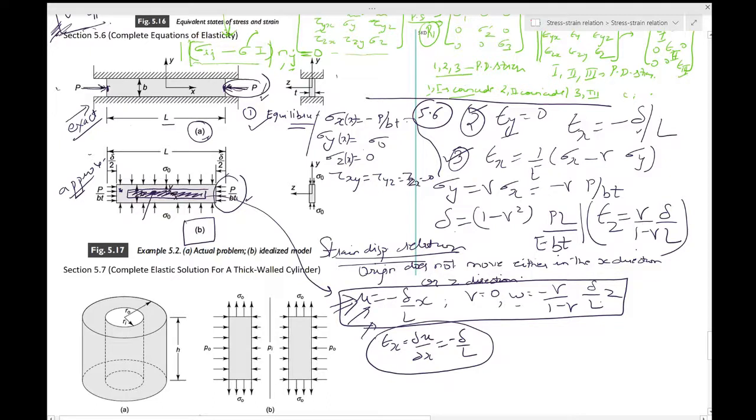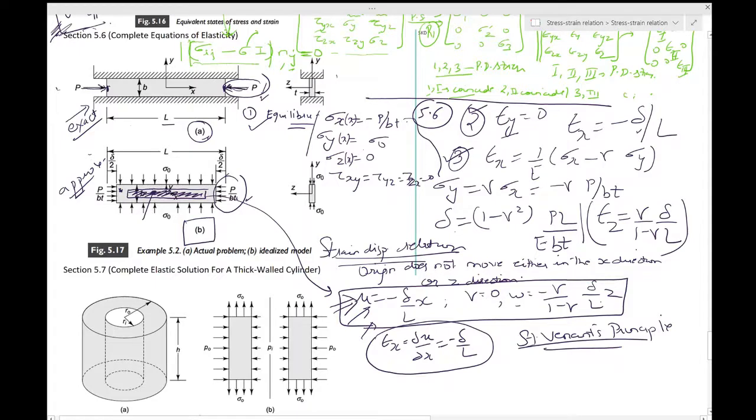This is called Saint Venant's principle, and we will read it in slightly more detail in the next section. Okay.